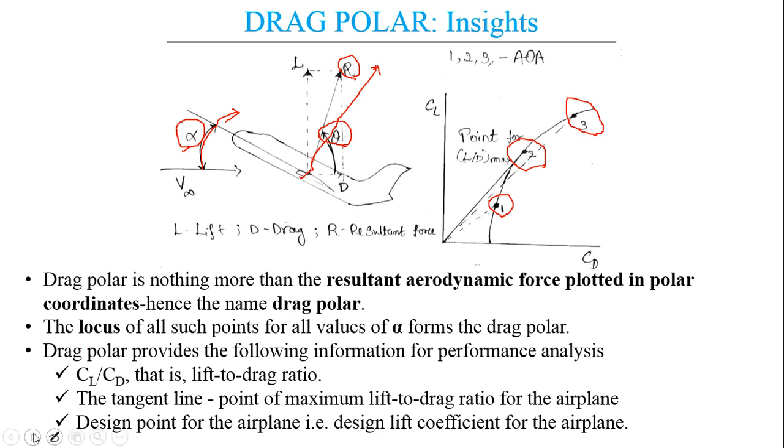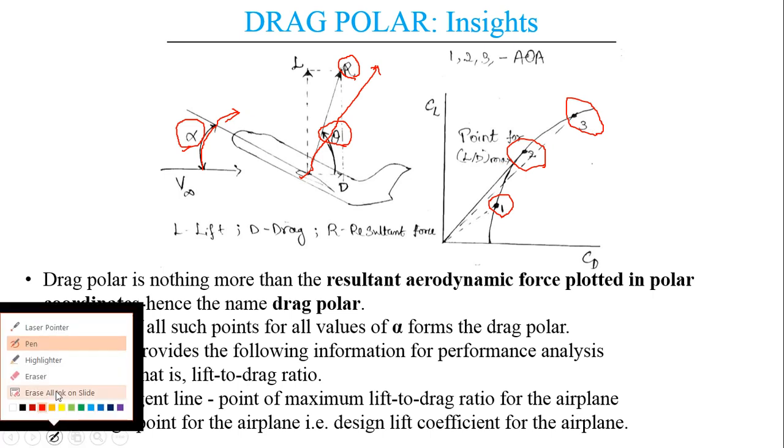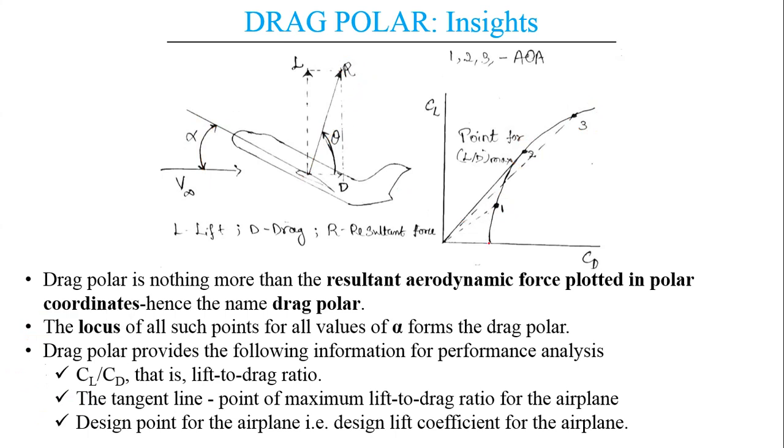When we connect these 3 points from the origin or some particular point, here we can see the CD naught value. If we know the CD naught value, we will start connecting these points, and when we connect these points, it is known as the locus. When we connect all these points, which are based on the angles of attack, we will obtain the curve for drag polar.